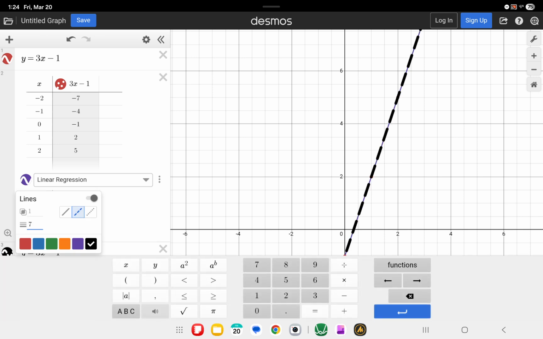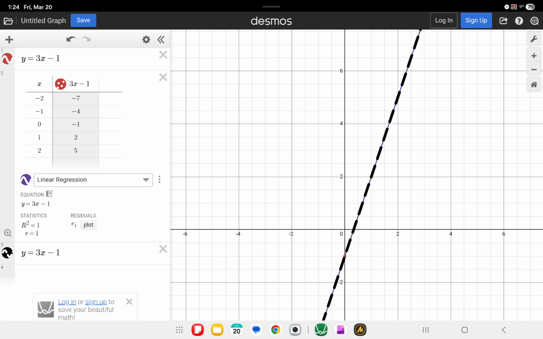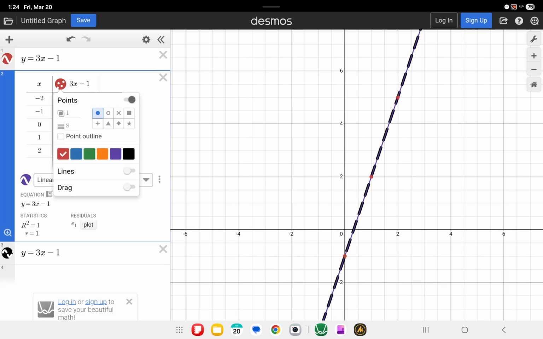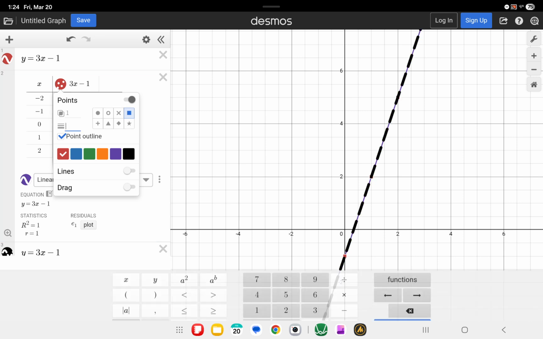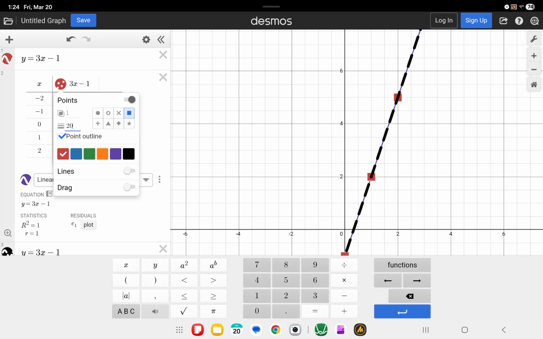Maybe I want my points to be X's or squares, and I want those to be point outline, and maybe a 20. So I can see, hey, there's my points. Or maybe I want them to be triangles. Anyway, you can change a few things. You can change its line if you want to. You can drag if you want to.